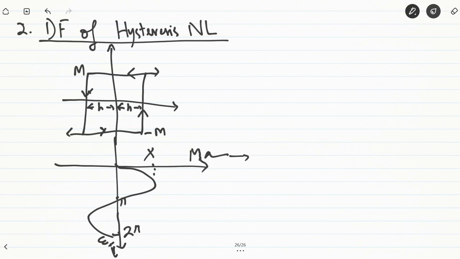If you map the hysteresis function onto this sinusoidal waveform, say this angle is alpha, then this will be pi minus alpha. We are assuming an ideal hysteresis loop, and similarly here you have pi plus alpha and 2 pi minus alpha.